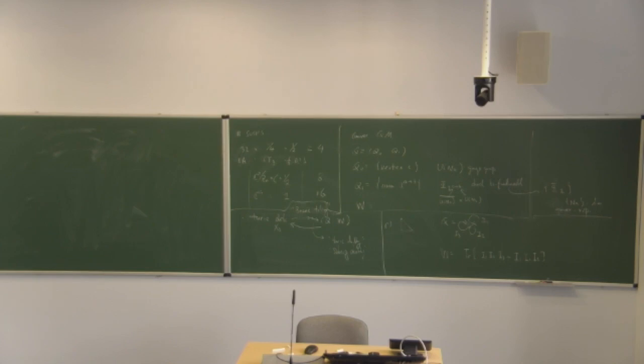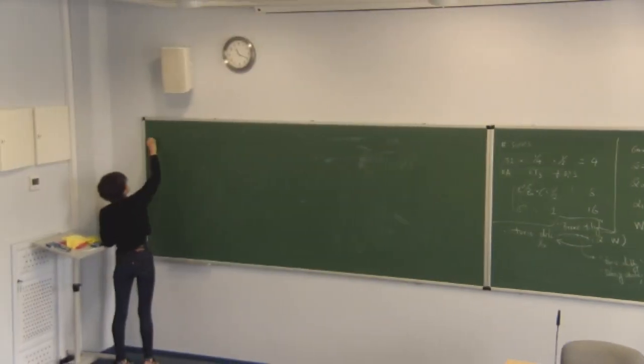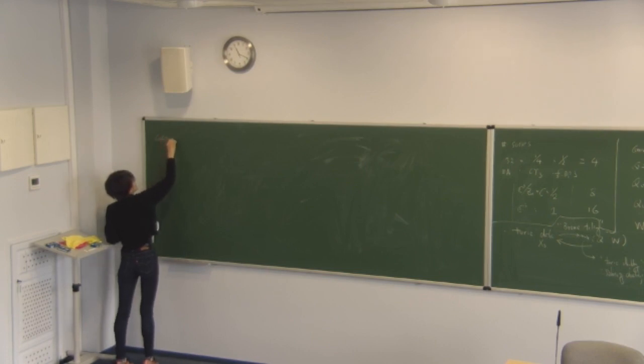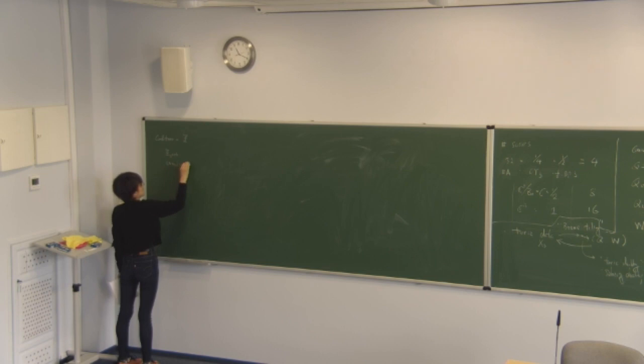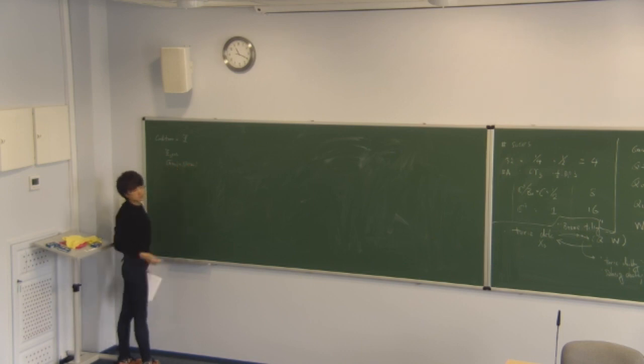Now we have some more conditions. You see that for this phi that corresponds to the arrow AB, that's an N_A by N_B matrix.